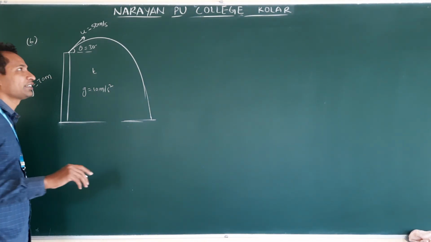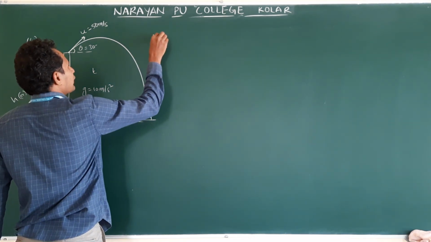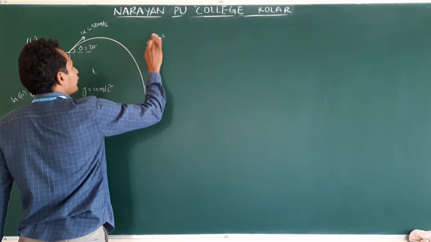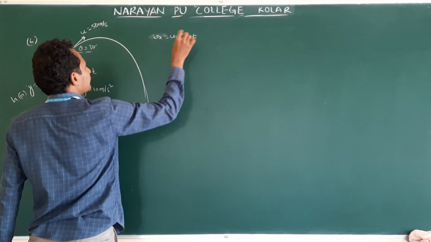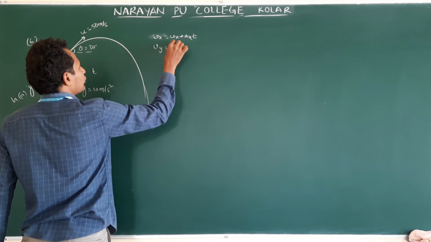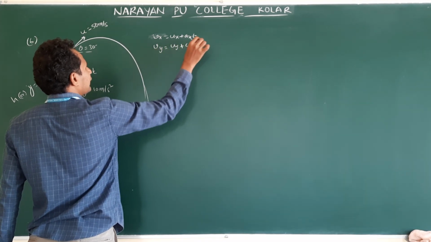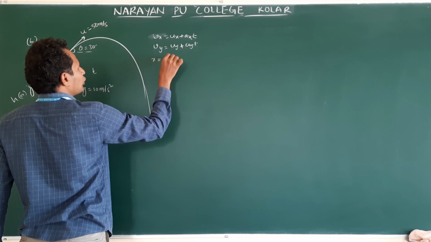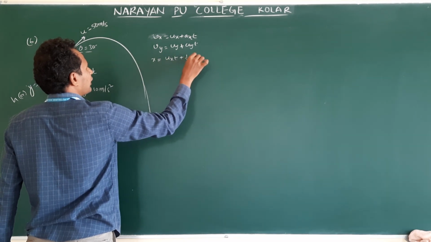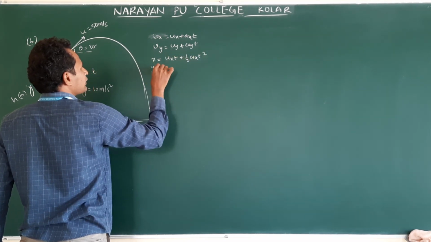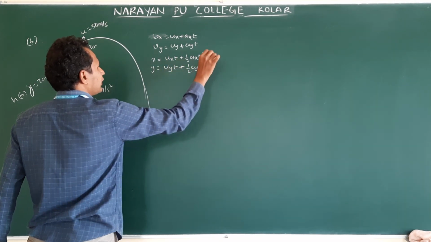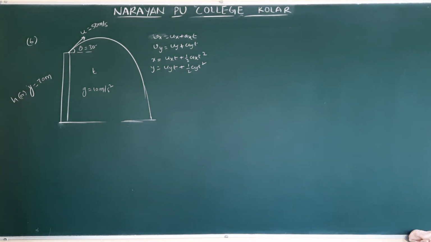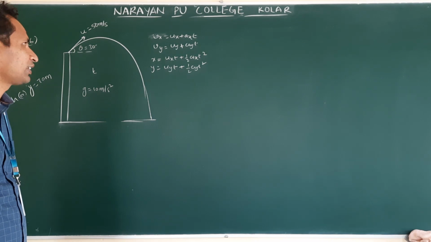We have these equations: vx is equal to ux plus axt. Next, vy is equal to uy plus ayt. X is equal to uxt plus half axt square. Y is equal to uyt plus half ayt square. The third equation does not help because that is v square minus u square is equal to 2as; the time term is not there.